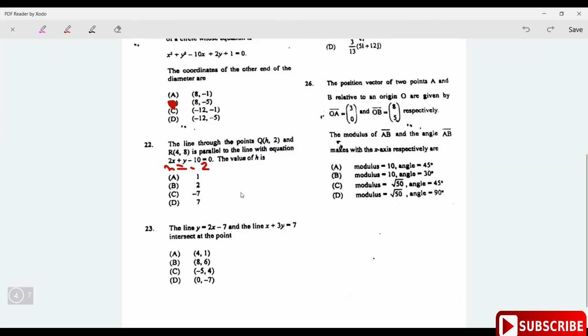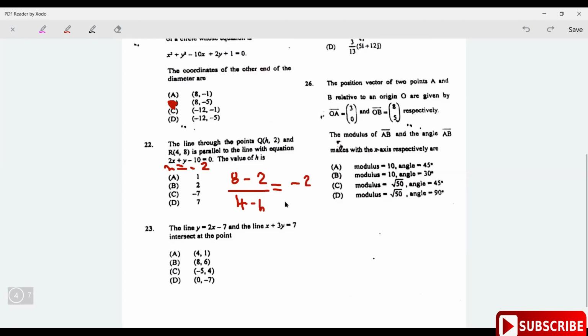Now the gradient of QR is going to be 8 minus 2 over 4 minus h, and that is equal to negative 2. And so what you're going to get is 4 minus 2 is 6, you get 6 over 4 minus h.